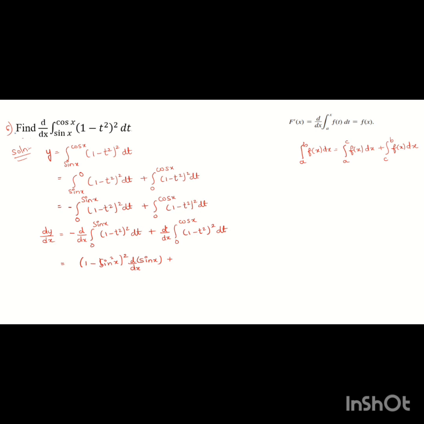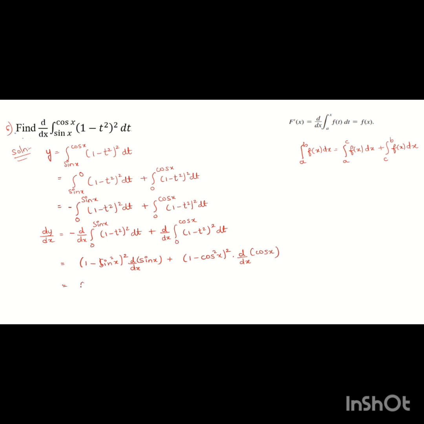Plus, again this is in the form of d by dx, integral 0 to x, this will become f of x. So f of x will be 1 minus cos square x whole square. I'm going to substitute cos x in place of t because we are finding the value of f of x, and then the derivative of cos x.